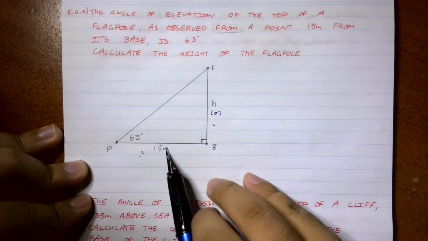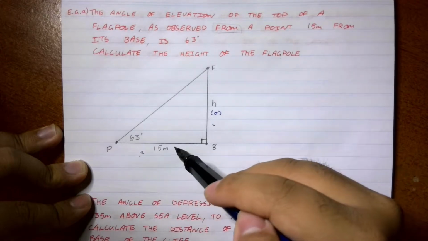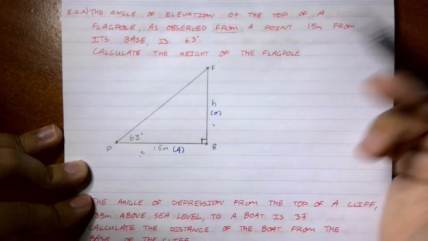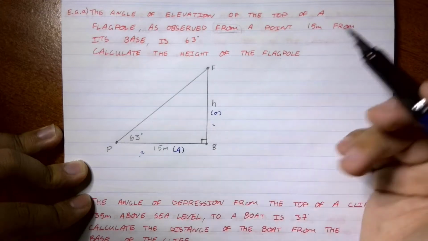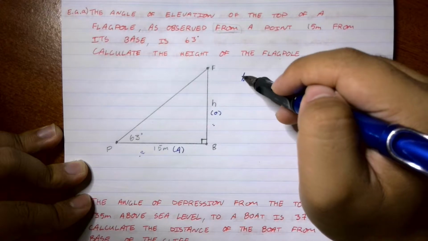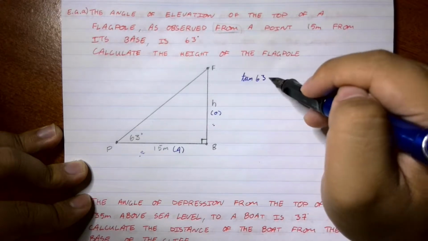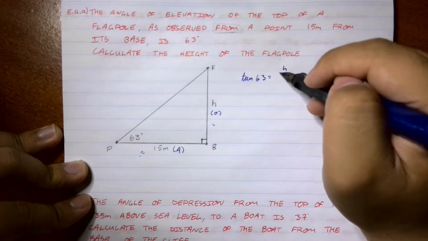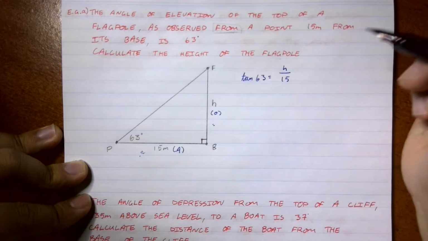And this side here is very close to it, so that must mean that is an adjacent. So opposite and adjacent, that must use tan. So tan of 63 is equal to H over 15.